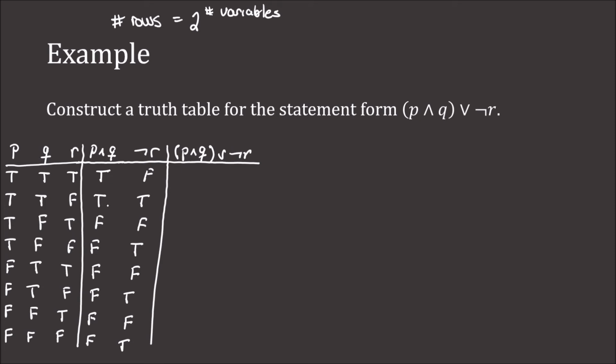Well, the first two rows have P and Q true, so the first two rows here will be true. Now we have two falses, so it'll be false, true, false, true, false, true. And so this would be our truth table for the statement form, P and Q, or not R.